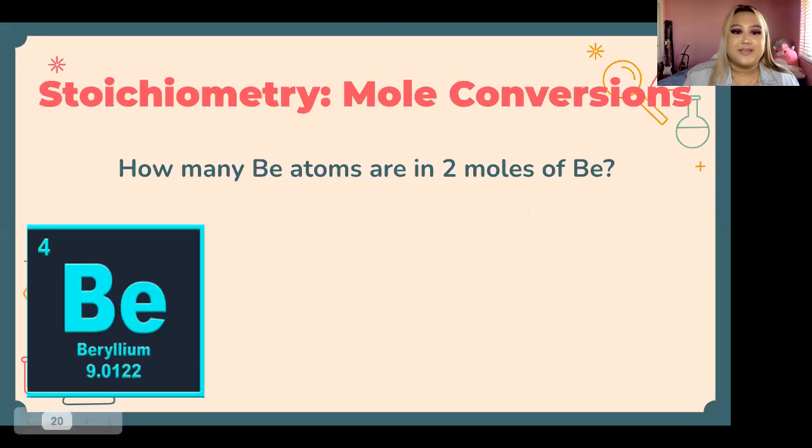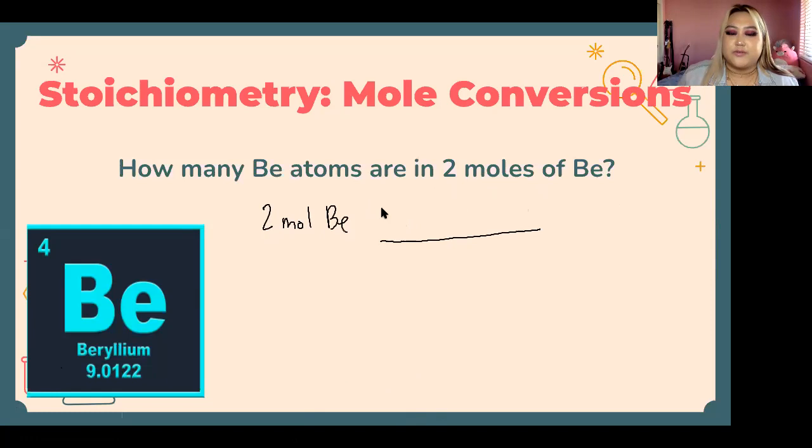Okay, anyways, so how many Be atoms are in 2 moles of Be? So what is the given in this problem? 2 moles. Yeah, so this is the given. So we have 2 moles Be.